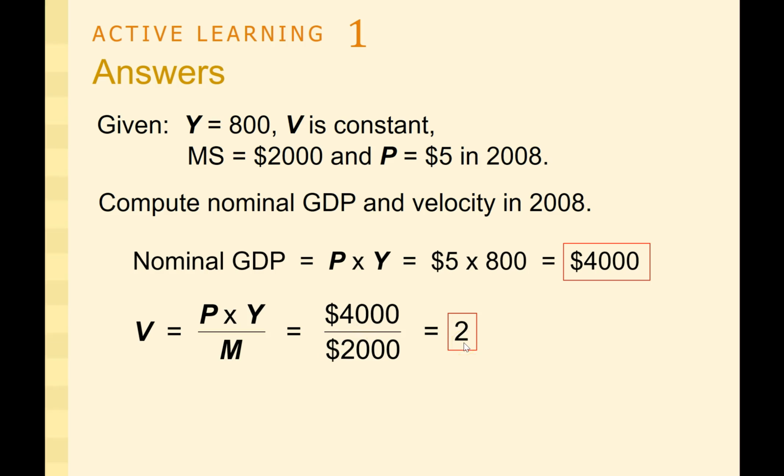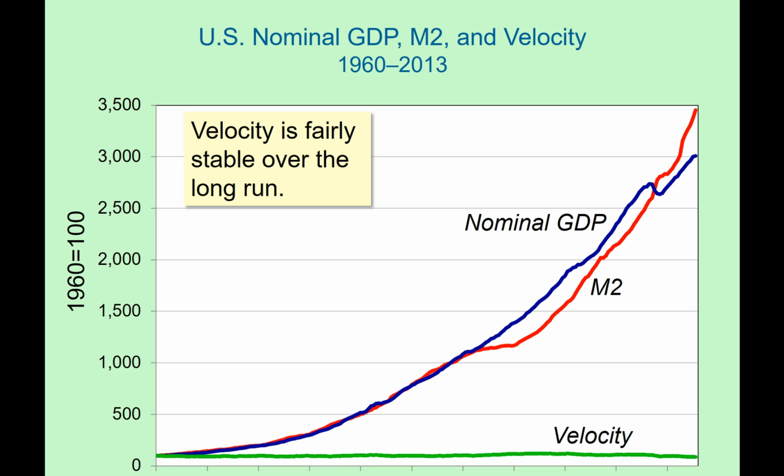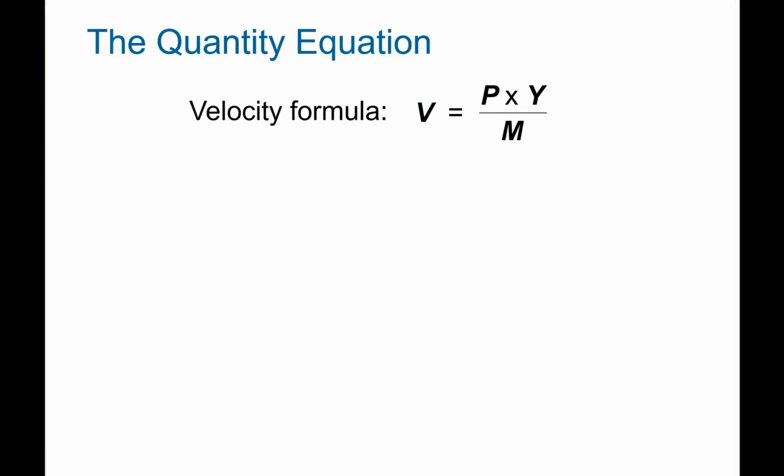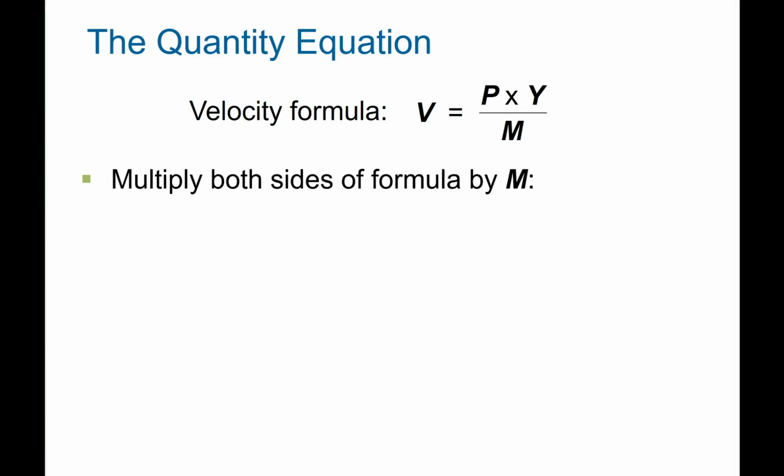And so each dollar changed hands 2 times. So we can see the consistency of velocity and nominal GDP. They move in generally the same direction. And velocity is fairly stable over the long run. So because we have a stable number we can rely on, it becomes a really useful thing to understand.